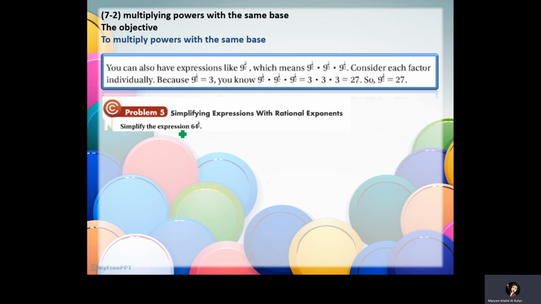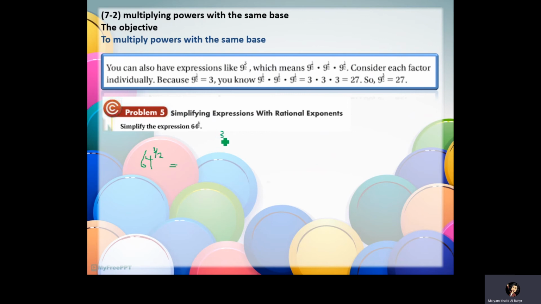What about if you have now 64 to the power 3 over 2? Here I have to do one thing, because I learned until now that if I have the denominator 1 half, I will think about a number that when I multiply it by itself according to the denominator, not the numerator. So to fix this problem, I will rewrite it.